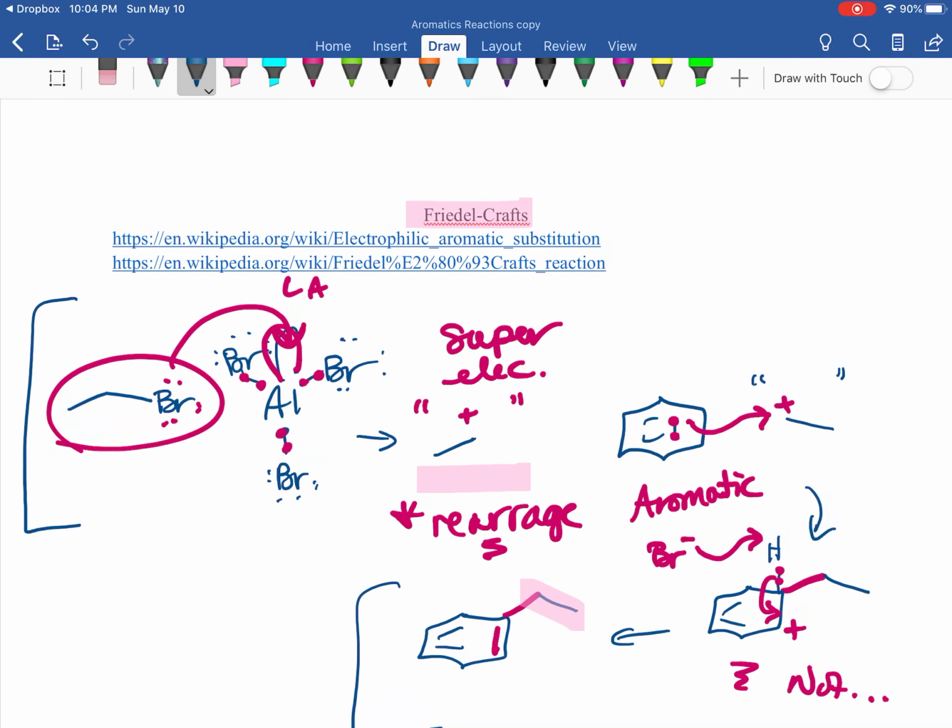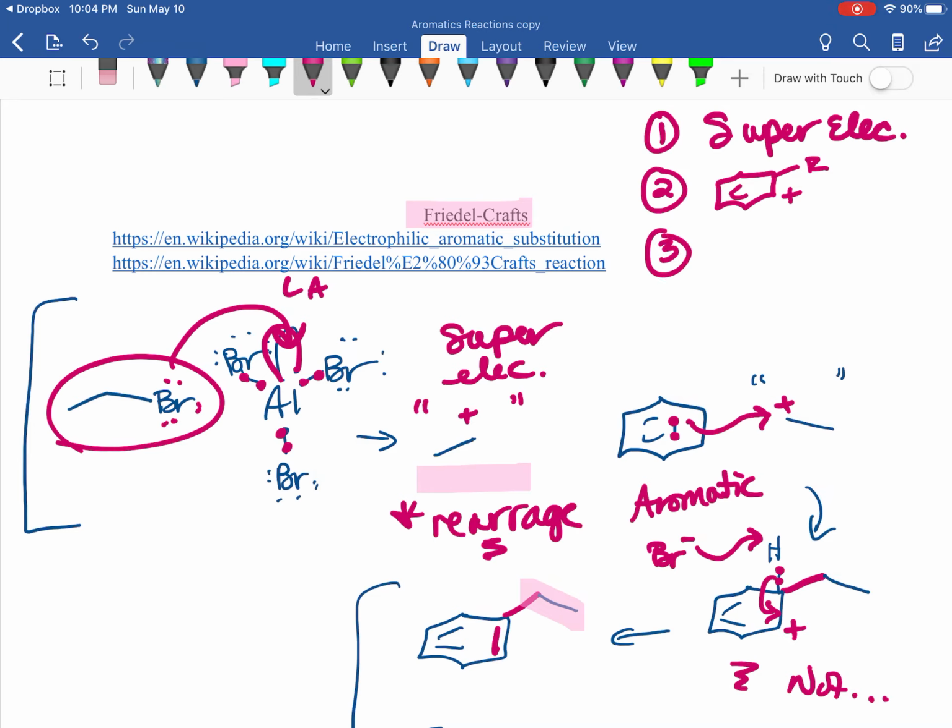So remember, for these electrophilic aromatic substitutions, we literally follow that same process for our nitration and our Friedel-Crafts. Number one, we make that super electrophile each time. And then number two, you use your benzene to make your super electrophile. Then your benzene can swing out and react with whichever.